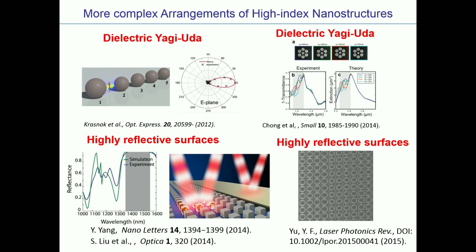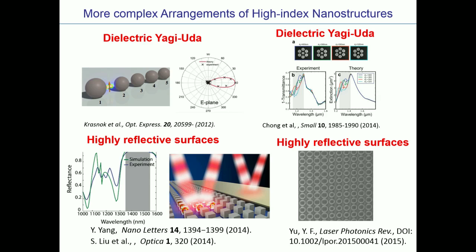Here, examples of beautiful work from the Kivshar group in trying to make dielectric particle arrays that look like a dielectric version of a Yagi-Uda antenna that can generate directional emission, or arrangement of dielectric structures to get intriguing line widths in the scattering and Fano-type resonances, energy storage, or entire arrangements, as shown over here, of subwavelength dielectric scatterers to combine, in this case, magnetic and electric dipole type modes in these structures to get very strong light reflection, as strong as one might expect from a regular metallic mirror.